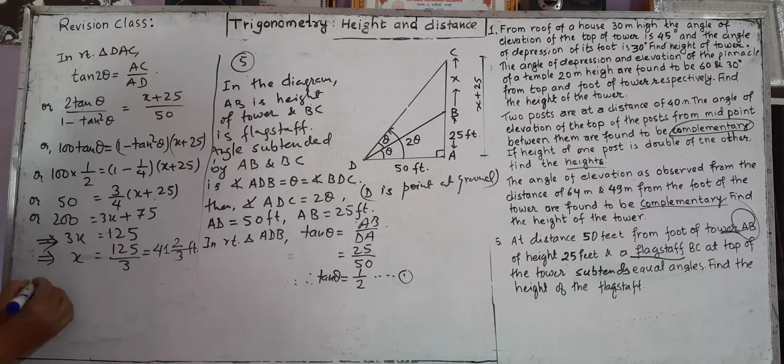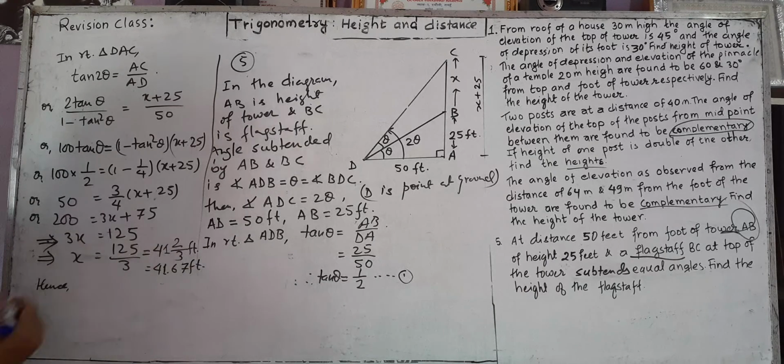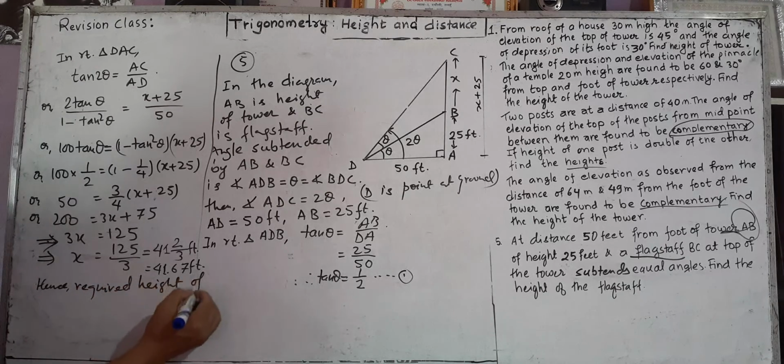Hence you can write in decimal also, and this means 41.66 or 41.67 feet. Hence the required height: what are we going to find?